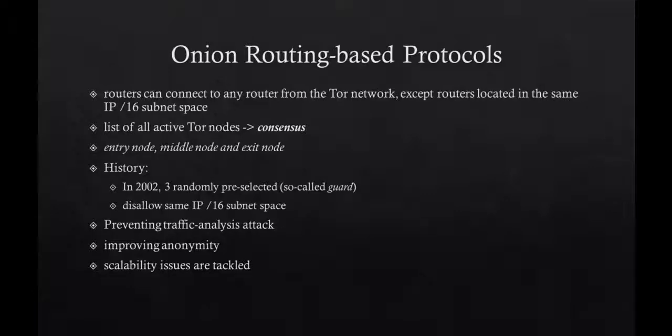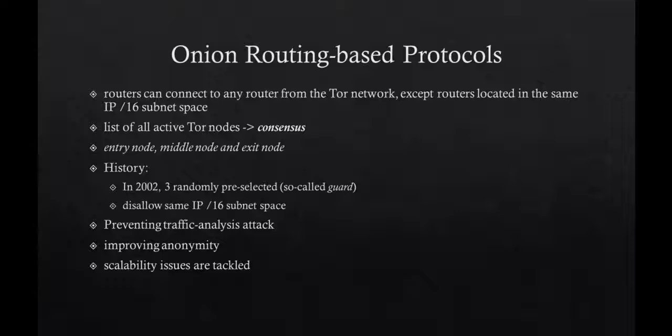Onion routing based protocols: Tor. This is an advanced version of the existing onion routing. This involves better security, efficiency, and deployability when compared to onion routing. Routers can connect to any router from the Tor network except routers located in the same IP subnet space.